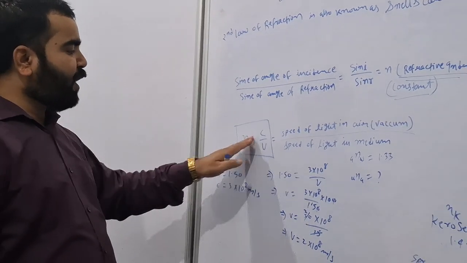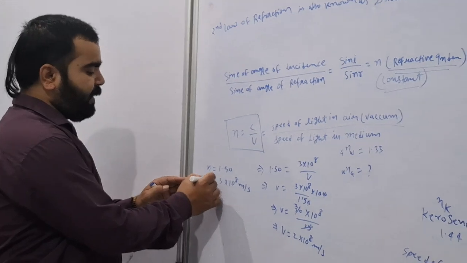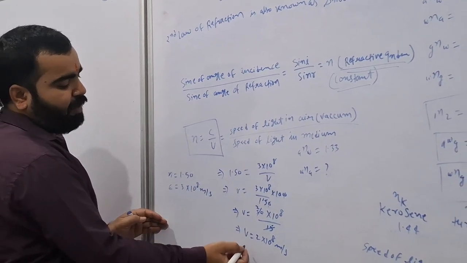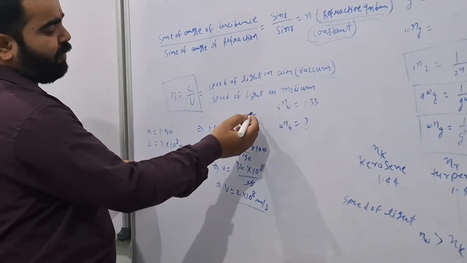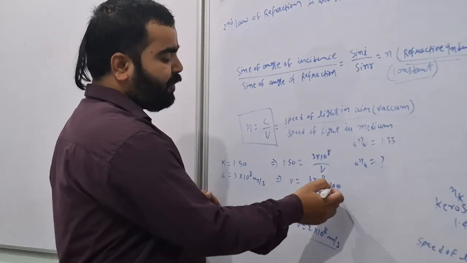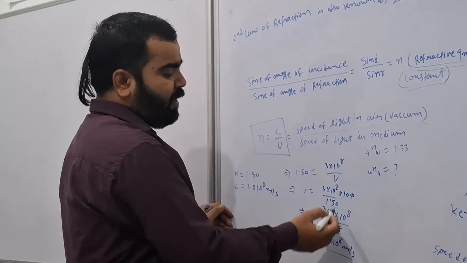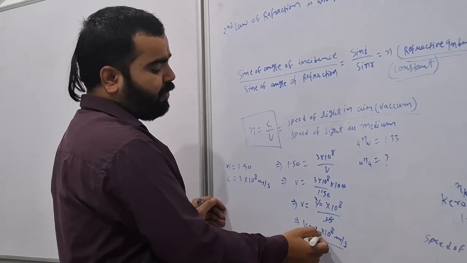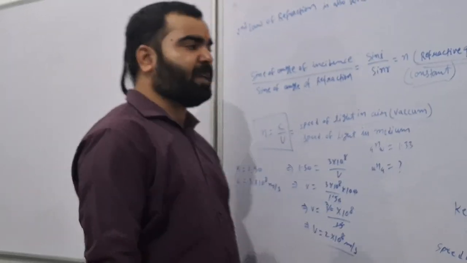By using this formula, we know that c is given and refractive index is given. So we just interchanged and we got this. 3 into 10 to the power 8 by 1.5, remove the decimal, you get 100 and 0 cancel out, 10 by 15. So 10 into 3 is equal to 30, and 15 into 2 is 30. So 2 into 10 to the power 8 meter per second.